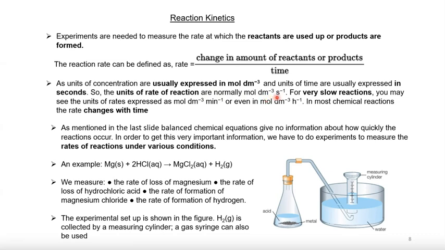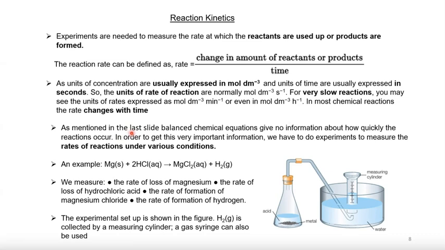Now, if we have a very fast reaction, time is taken as second or millisecond, etc. But if the reaction is very slow, for the unit of time we may use even per minute or, in a very slow case, per hour.